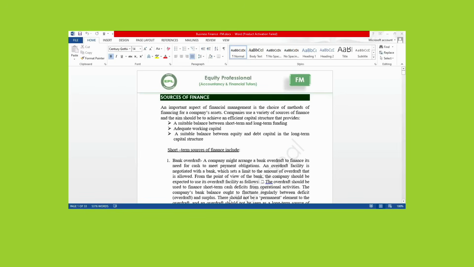Yeah, tonight our business is sources of financing. How do companies source finance to fund their business activities?